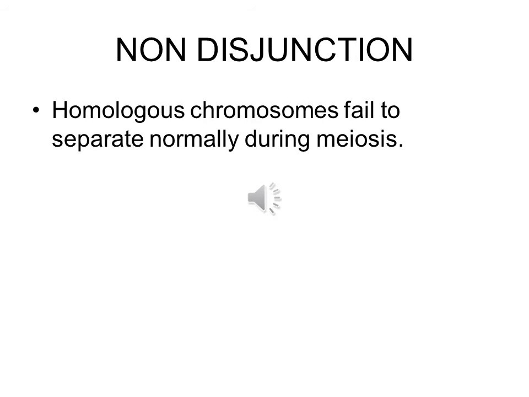So if non-disjunction occurs during the formation of gametes, we'll get some gametes that have 24 chromosomes and some gametes will only have 22 chromosomes. If one of these gametes unites with a normal gamete, the result is a zygote that is either trisomic, which means they have 1 extra, or monosomic, which means they are short that 1 chromosome.